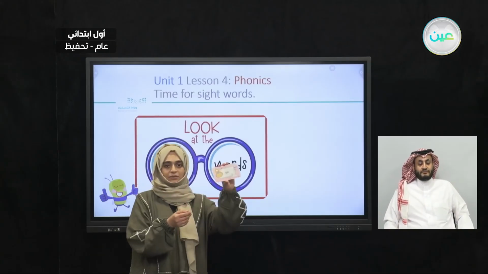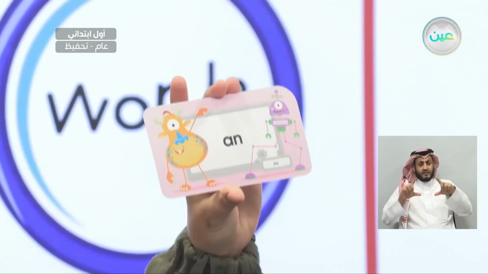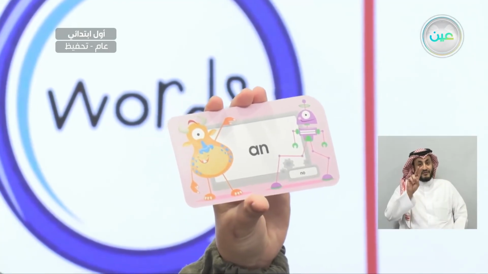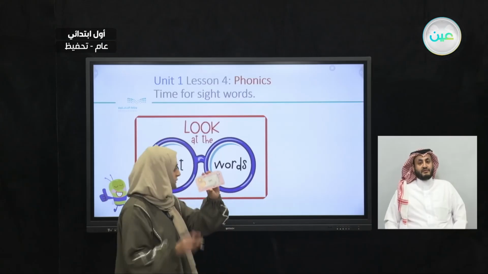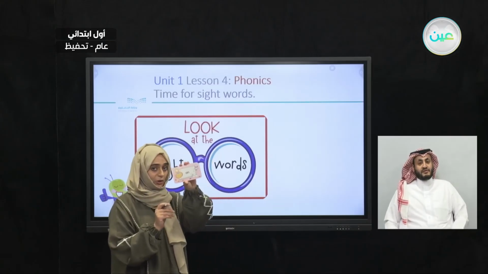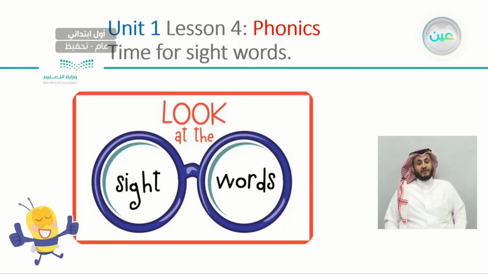What about this one? It's a word with 2 letters. And it's a little tricky because this is how we're going to use it. This is how we use an. Let me show you how we use an. So when we say, this is, look at this word. This is apple.